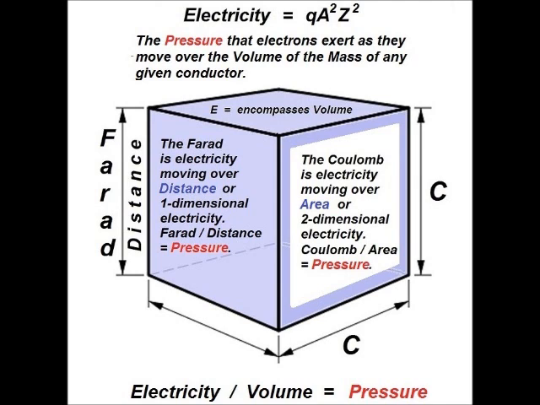And then we can see on the left hand side of the image there, if we were to only look at one segment of the cube, which is the form of distance, that the electricity flowing in that one dimension of distance is flowing in the form of the farad, which is q over z squared.